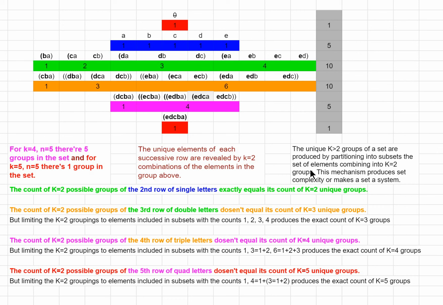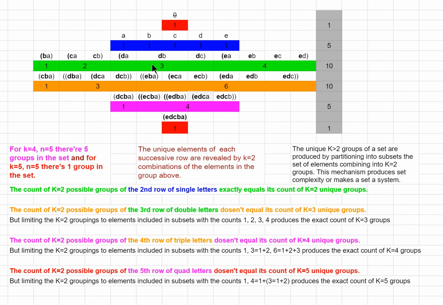So, to reiterate, the unique k greater than 2 groups of a set are produced by partitioning into subsets the set of elements combining into the k equal 2 groups.